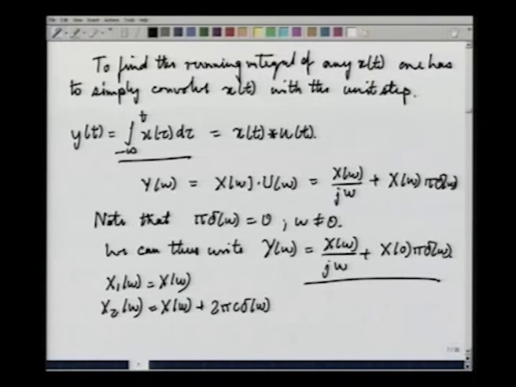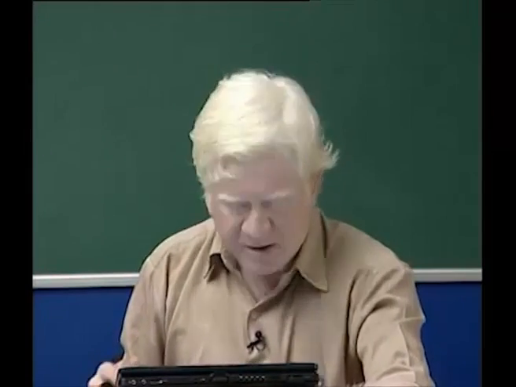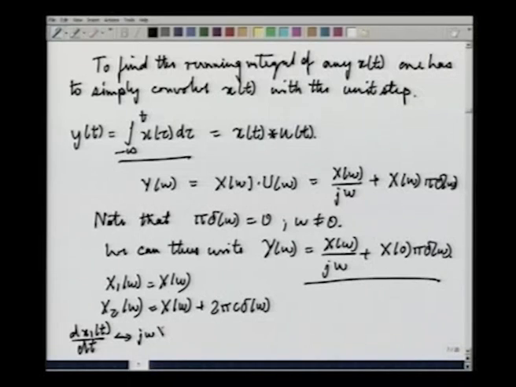Fine. Now, if I differentiate these two functions, I really ought to get the same answer. That is, if I differentiate the two time functions and, using the results we have obtained, find the Fourier transforms of the derivatives, do I get the same answer? Let us see. For the first case, I will get dx1 t by dt transforms to j omega x1 omega equals j omega x omega.